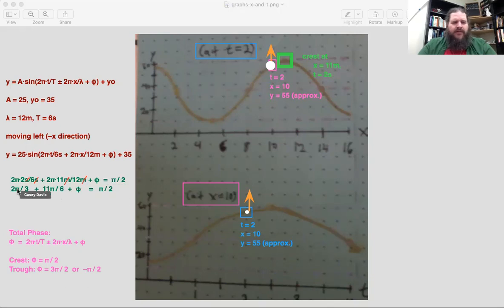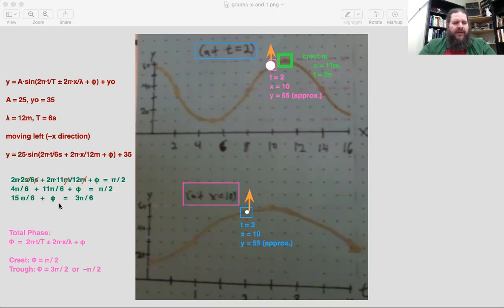And how do we combine the 2 pi over 3 and 11 pi over 6? Have a common denominator of 6. Yeah, so let's go ahead and put that 2 pi over 3 back to 4 pi over 6. Add those together, we get 15 pi over 6. And we may as well write pi over 2 in terms of sixths also, 3 pi over 6.